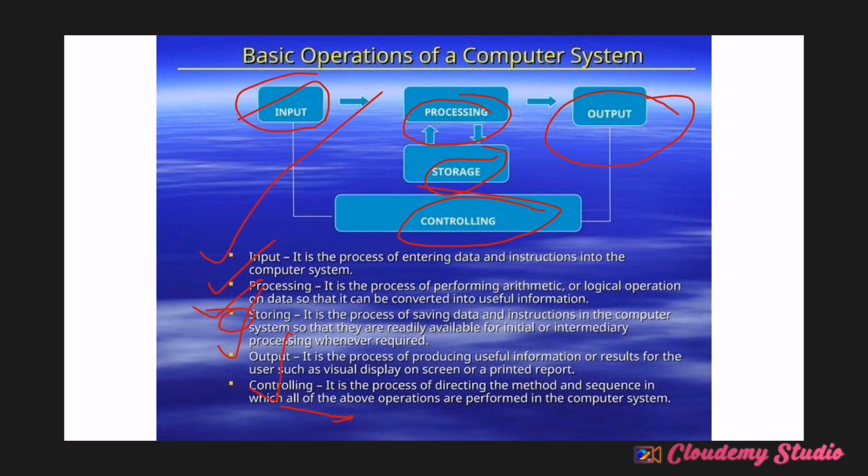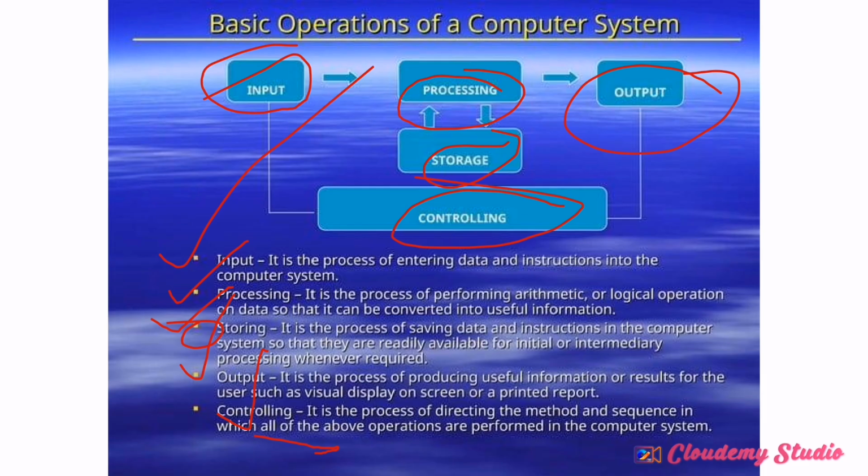Controlling is the process of directing the method and sequence in which all of the above operations are performed in the operating system. So that's what controlling means. Everything that is being performed that we have mentioned here.